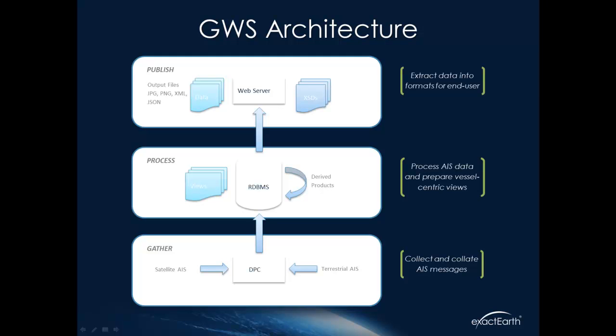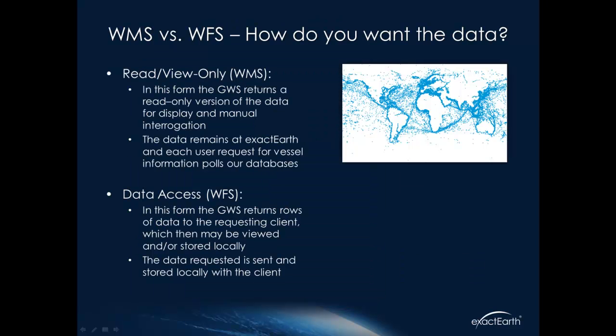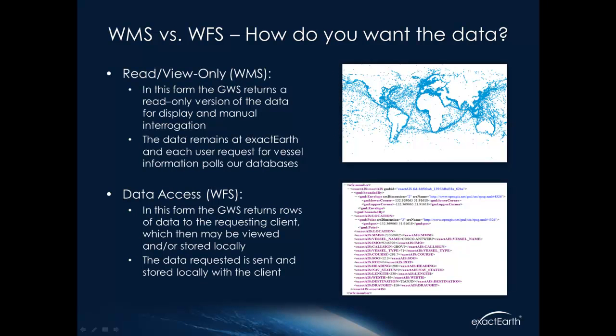And we allow people to interact with this data really in two different ways. One would be in a read or view only mode, which is termed a WMS, or a web map service. In this form, if I make a request of the web service for a certain amount of data, what I will get back is physically a map display that I can then embed, view and query in my client application.